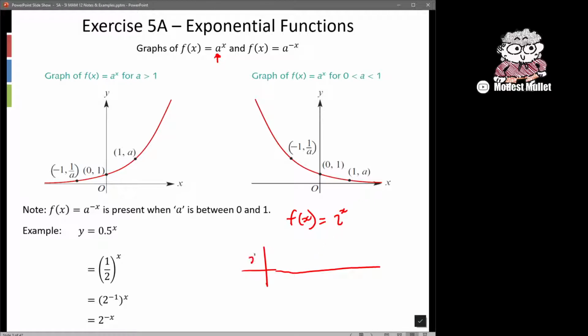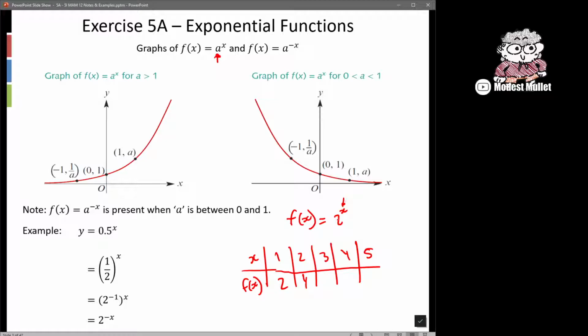Okay, so let's do a bit of a table and think about what happens as we make x larger. What's going to happen to the y coordinate, or what's going to happen to our function? Well, if I put 1 in, 2 to the power of 1 is just 2. Then if I put 2 in for the power, 2 to the power of 2, that's 4.